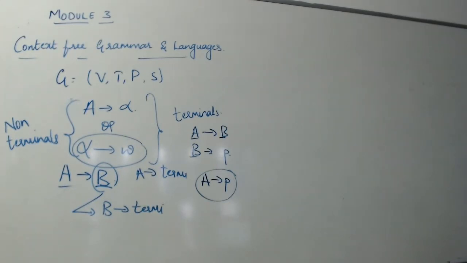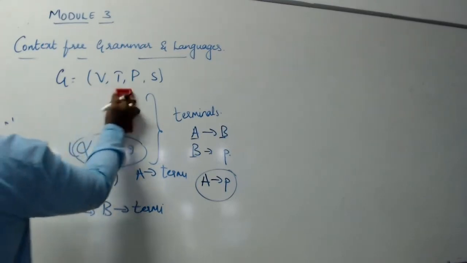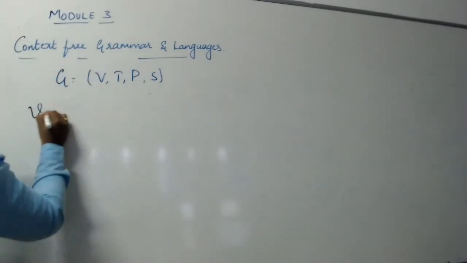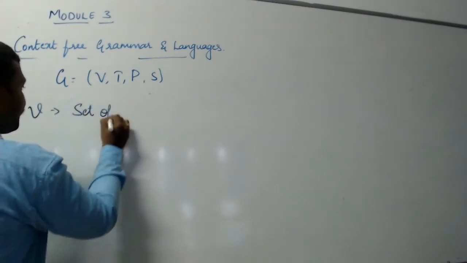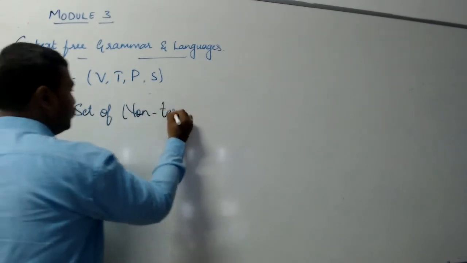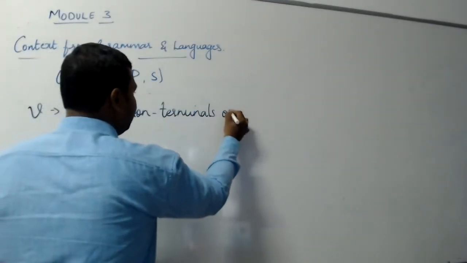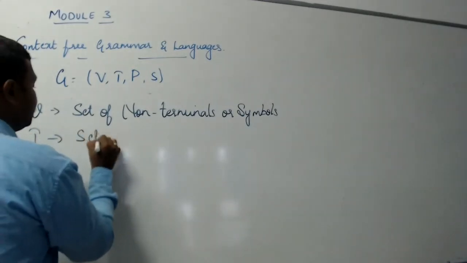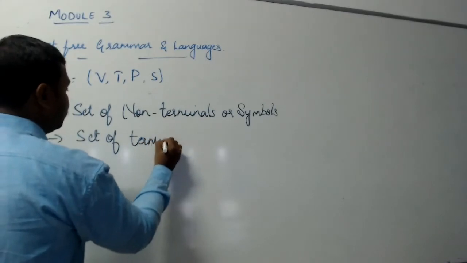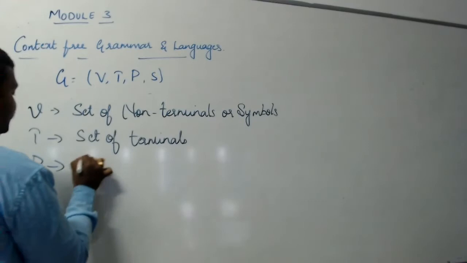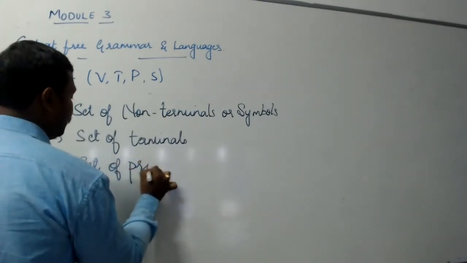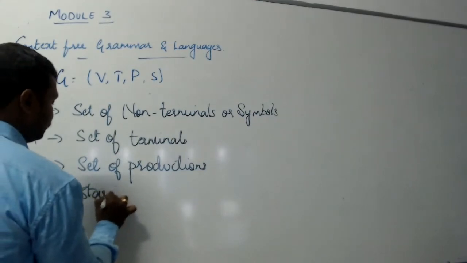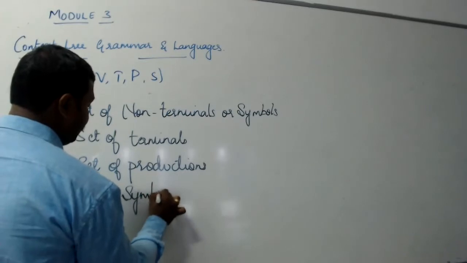In this, the context-free grammar is defined using your quadruple, that is V, T, P, S, where V is a set of non-terminals or symbols, T is a set of terminals, P is a set of productions, and S stands for the start symbol.